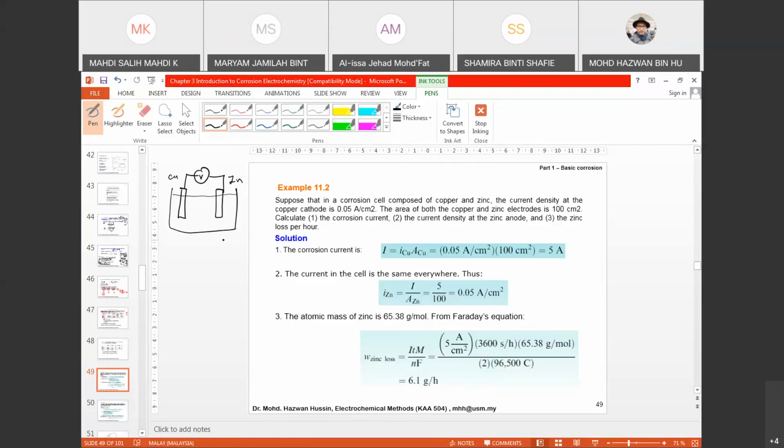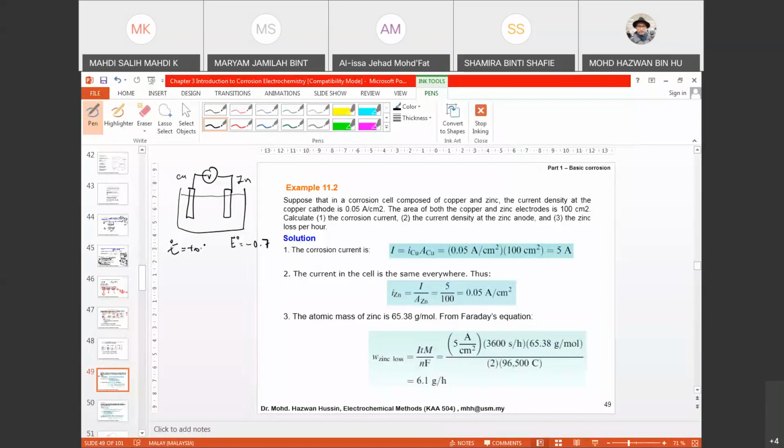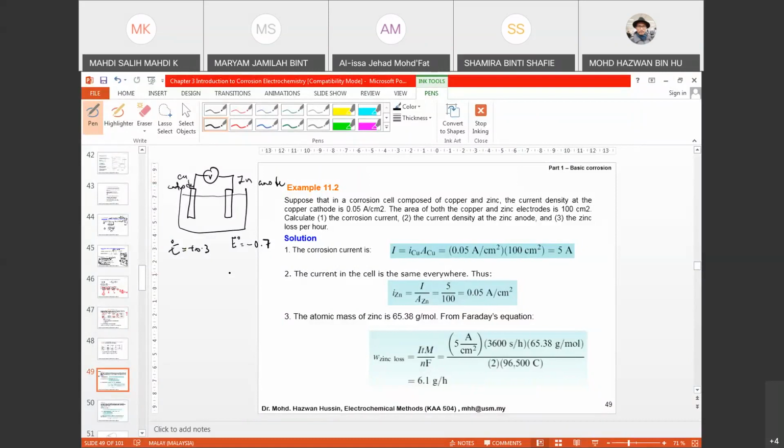Correct? What's the reason? Because if you look at the standard potential for zinc, this equals 0.7, and this one is probably positive 0.3. Okay, so you know that this will be anode and this will be cathode. Then at the anode, you know that the reaction will be the formation of zinc 2+.